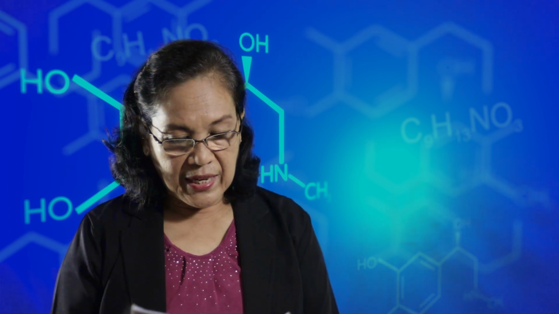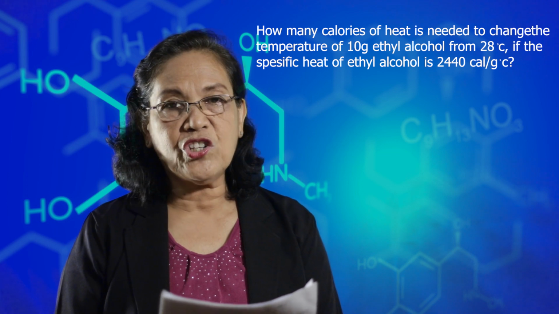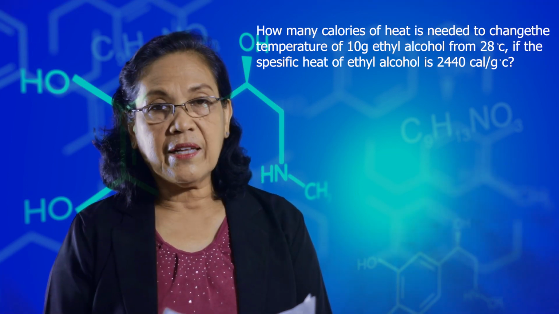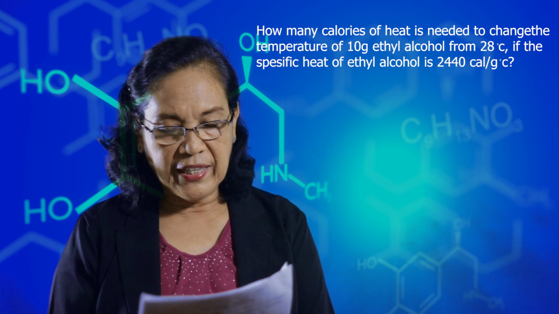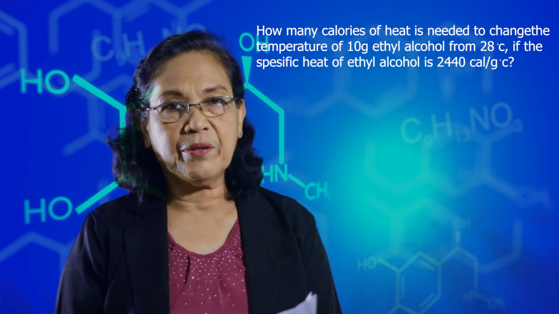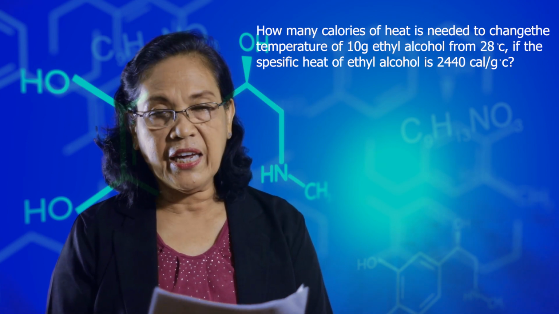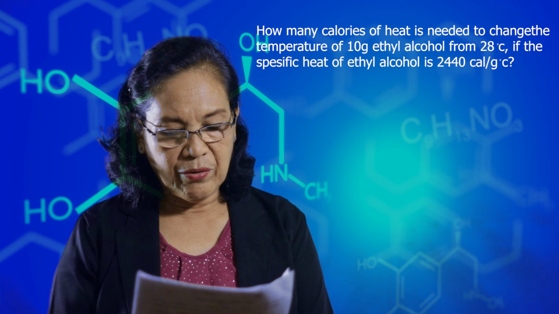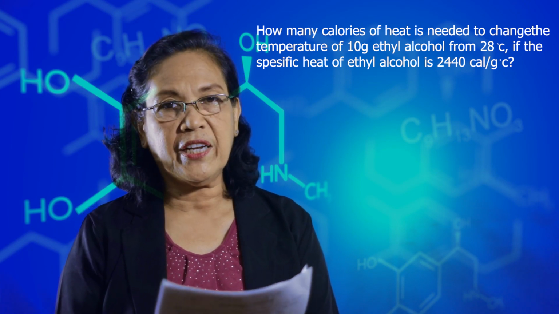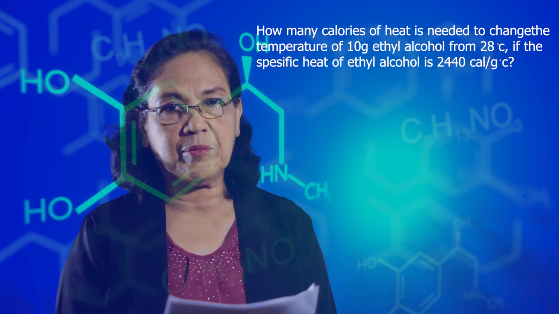Number 8. How many calories of heat is needed to change the temperature of 10 grams of ethyl alcohol from 28 degrees centigrade to 30 degrees centigrade if the specific heat of ethyl alcohol is 2,440 calories per gram per degree centigrade?